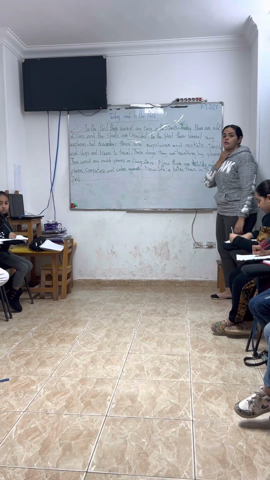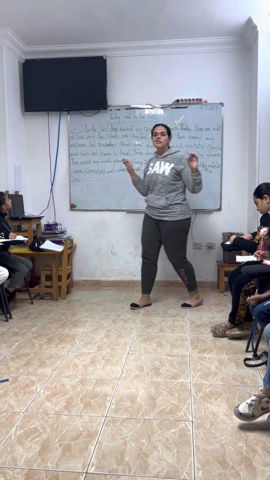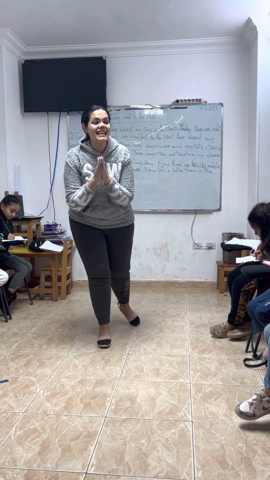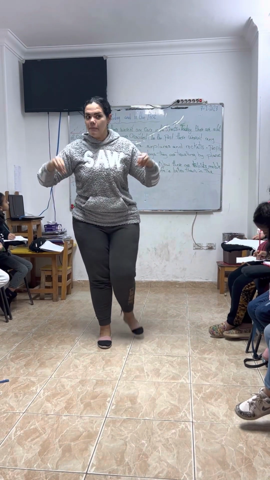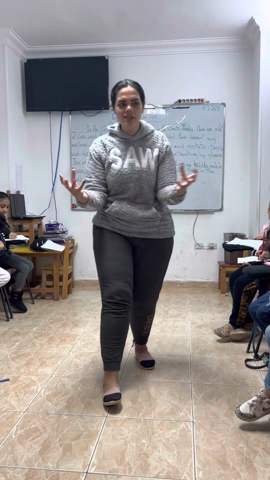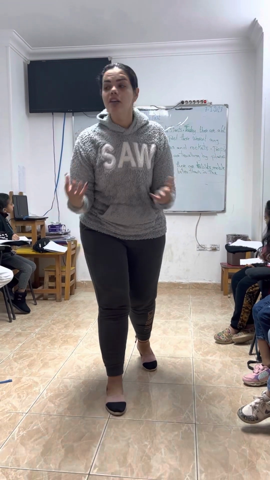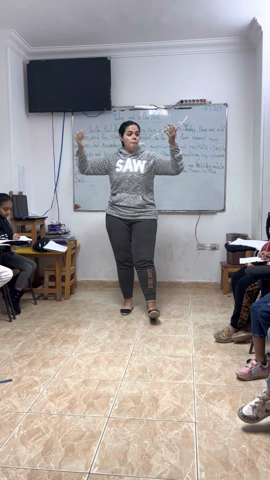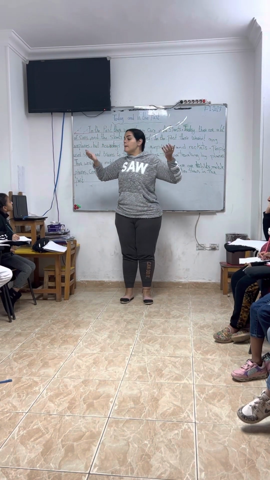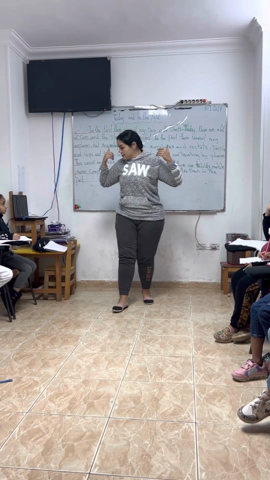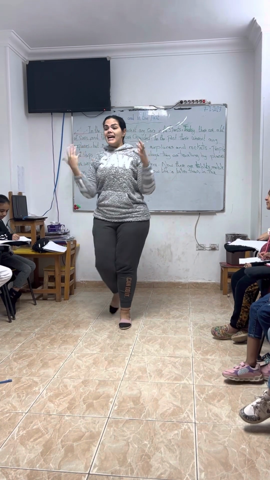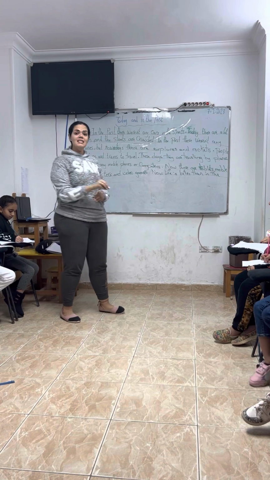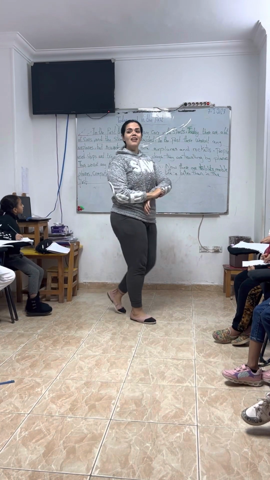What I want you to know, guys, is that when I describe something in the present, I should use present tense. I am talking about these days or nowadays or now or today. So I'm going to use present tense. When I am talking about the past, I should use past tense. You got the point? Yes. As you saw, when I said now, I said there is and there are. I said we are traveling.